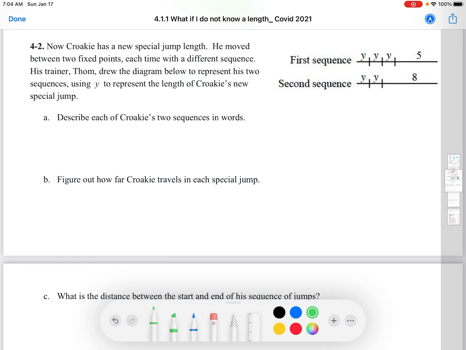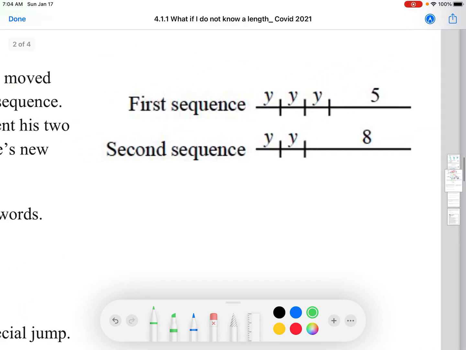All right, so let's figure out how far Croaky travels in each special jump. Well, we don't know how far he goes overall, from the beginning to the end, so it's really hard to figure out. But we're going to do a little trick here.